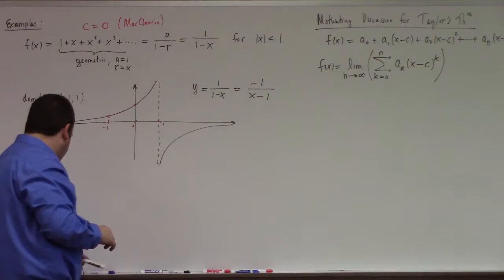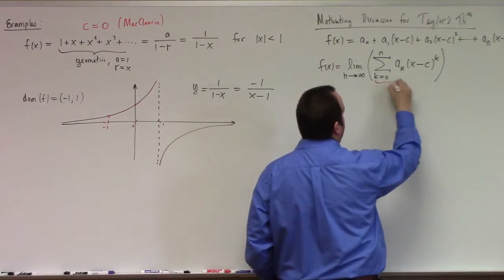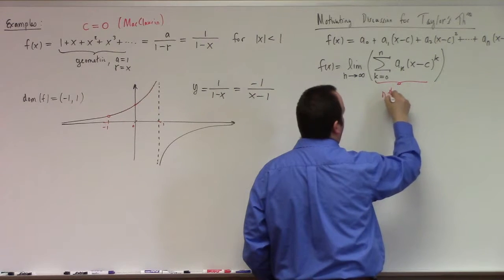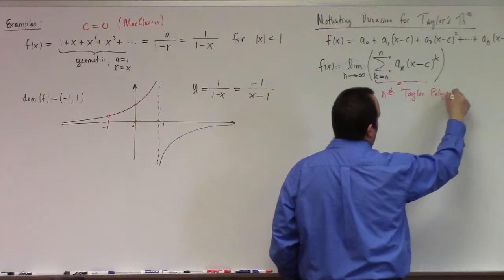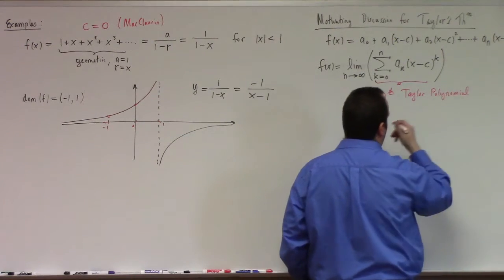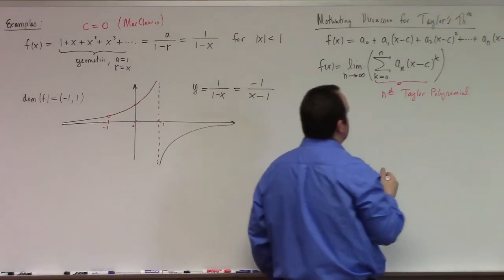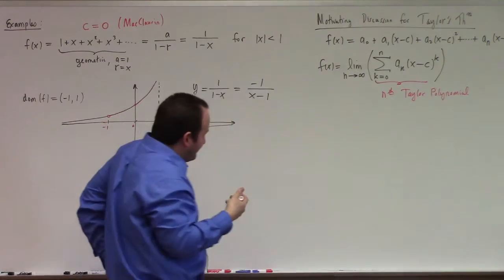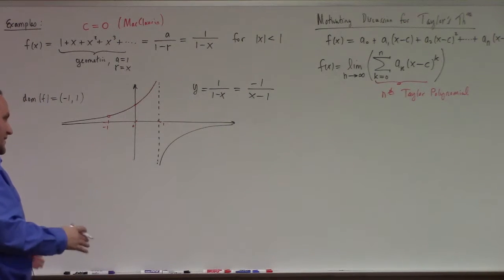What I just wrote in the parentheses is the nth Taylor polynomial. Well, I guess I'm confusing. Fine. All right. I need to kind of back up here a second.